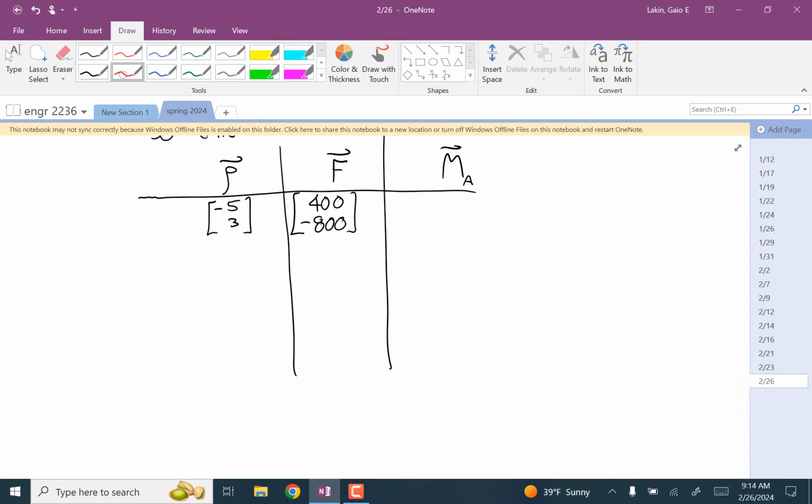And then to calculate that moment, it's just this times this minus this times this. And you get what looks like a scalar, negative 2,800. Okay, just remember that that's really a z component of a vector.